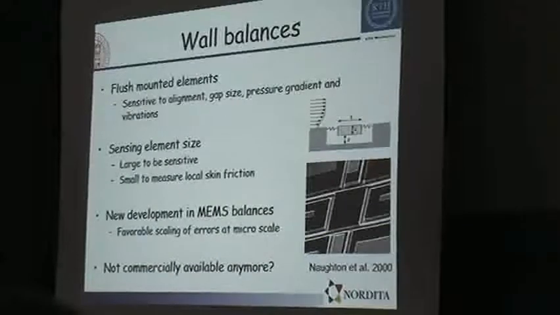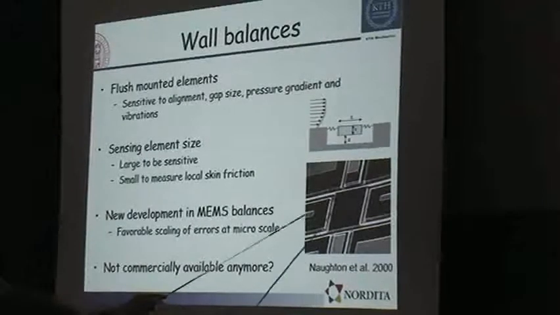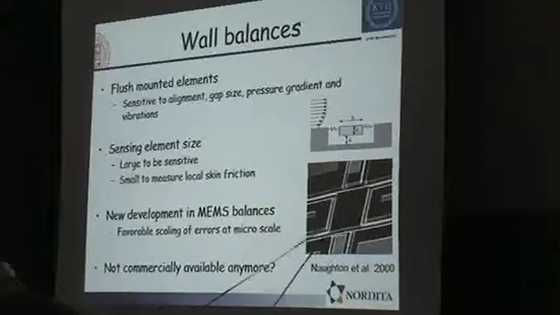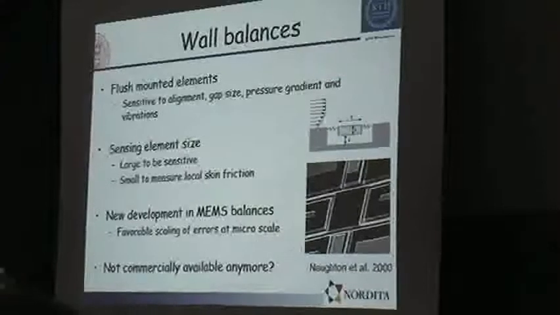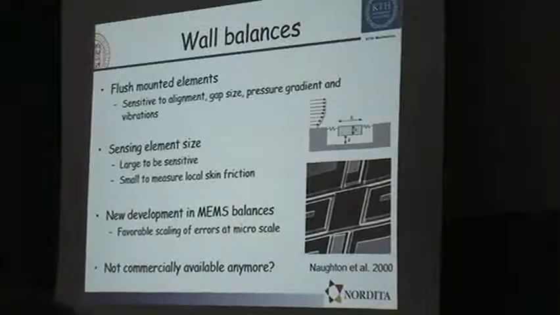A new alternative which is still being developed is a MEMS balance. So you see here a small floating element which is held by this element. This is done with MEMS.